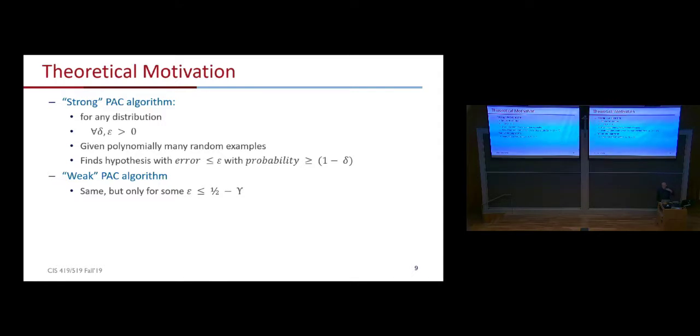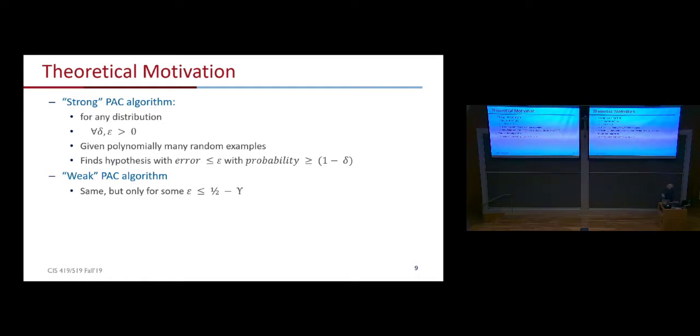All my requirement is that I can learn with epsilon that is a little bit less than a half. That's it. And the a little bit is defined by this gamma. It could be 1/100th, or 1/8, or 1/50, whatever it is. But that's my requirement.